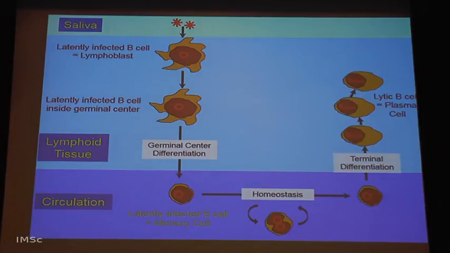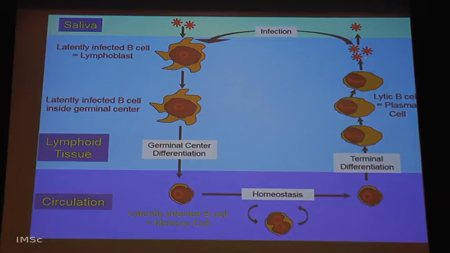And then there is this terminal differentiation that is, again, in analogy to the cells becoming plasma cells. And people have identified 3 stages through that. This is called immediate, this is called early, and late stage.